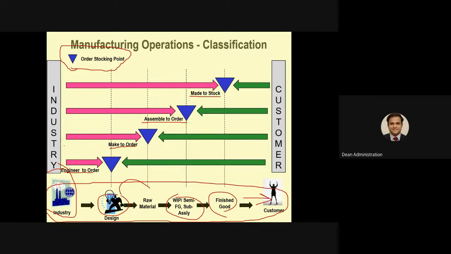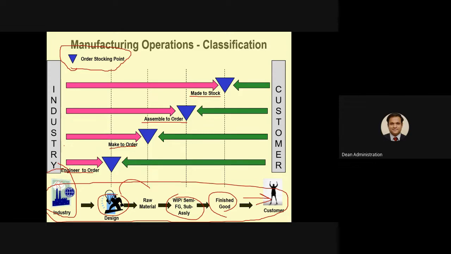Personal hygiene, yes, soaps, all of those. What else? There can be so many, right? There can be things like food items, packed snacks items, beauty products. Right? So all of these come under what is called made to stock.